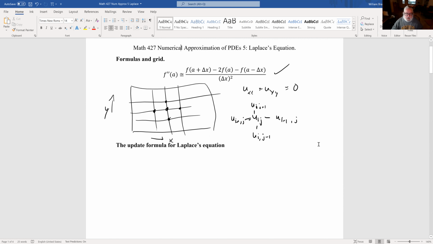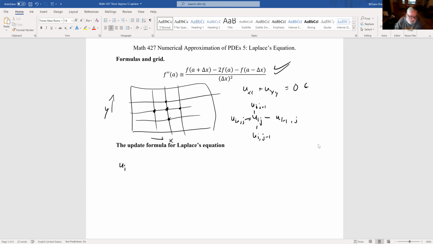So uxx plus uyy equals 0 is our equation. This is our approximation for a second derivative. So that means we want, now delta x is left and right, so this changes in i.